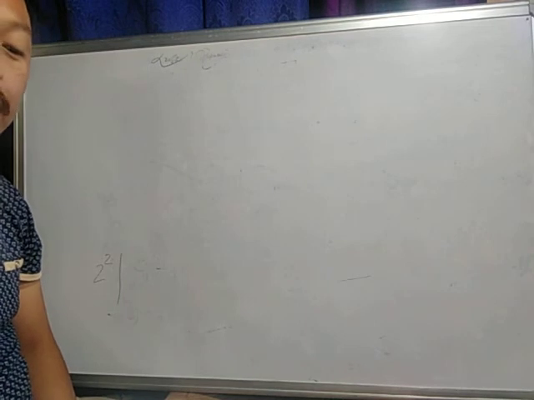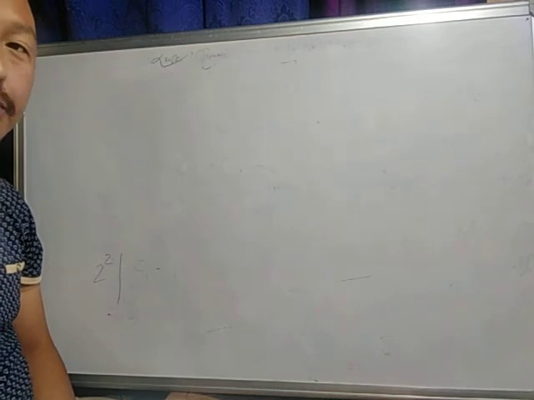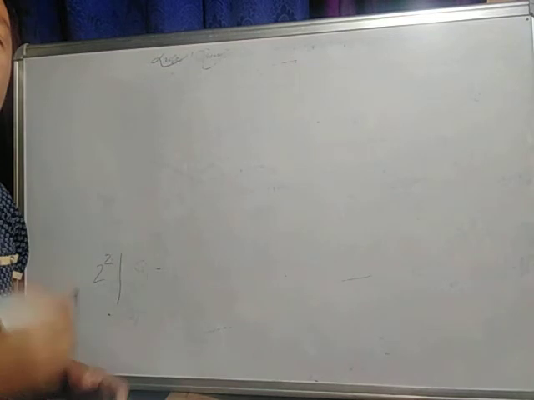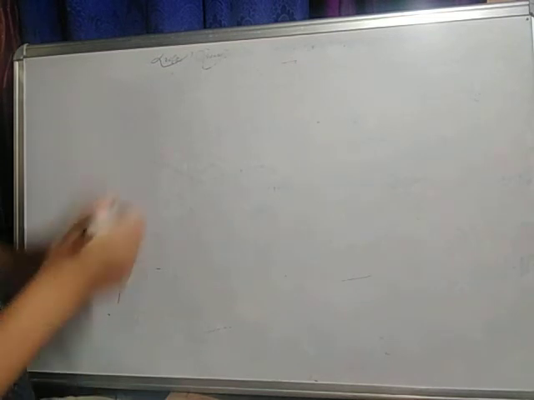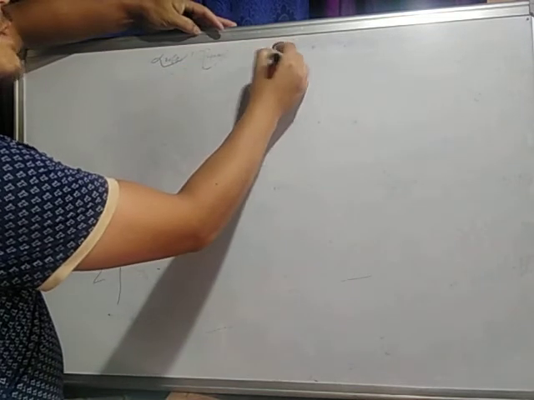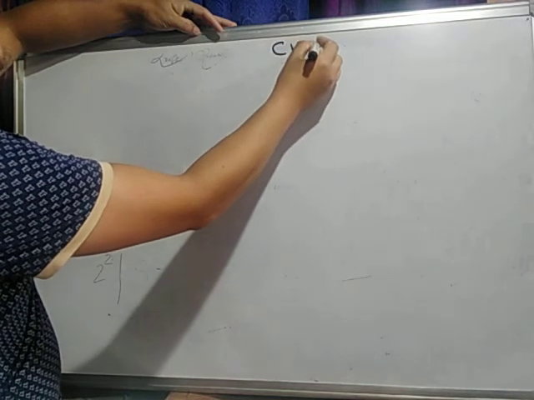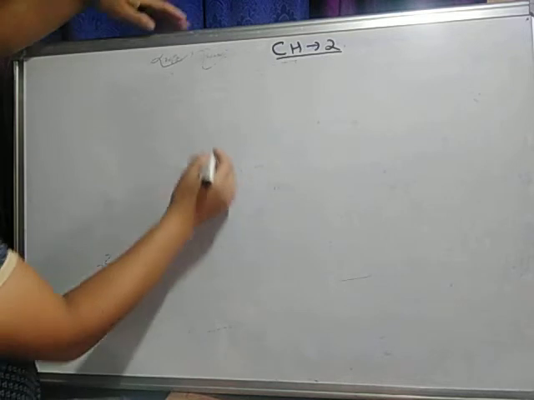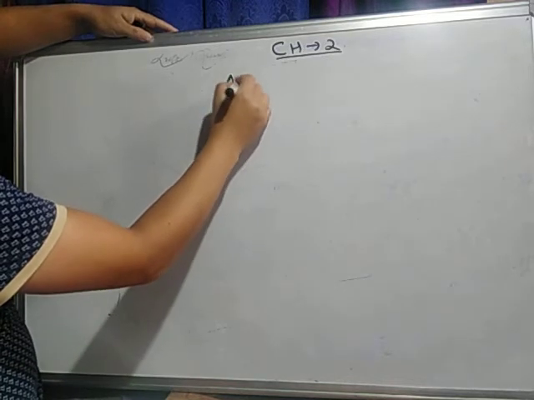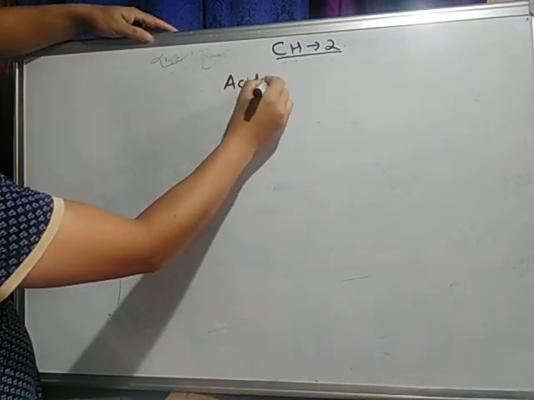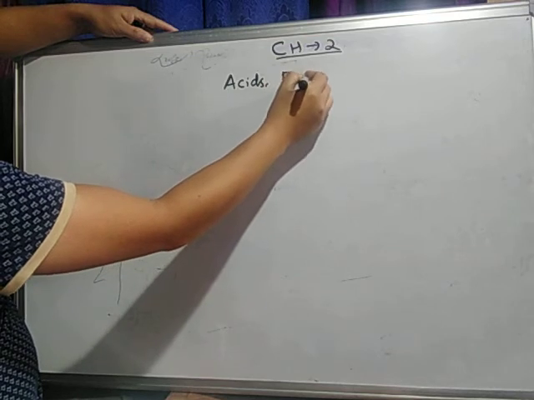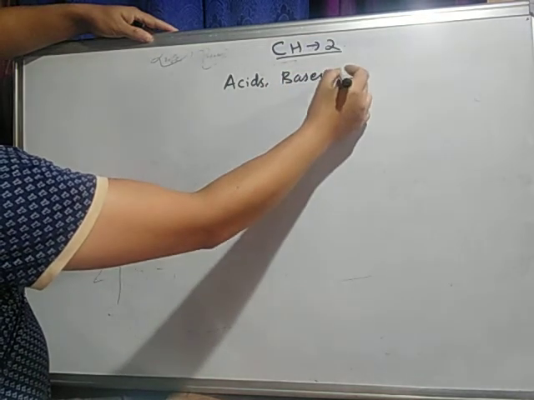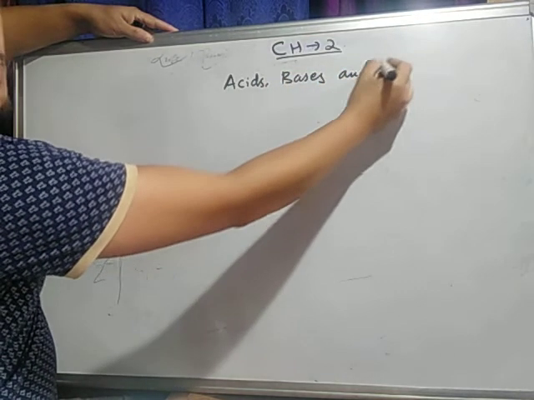So let's start a new chapter. Write down chapter number 2, that is from chemistry. Chapter number 2, and the chapter name is Acid, Base and Salt.